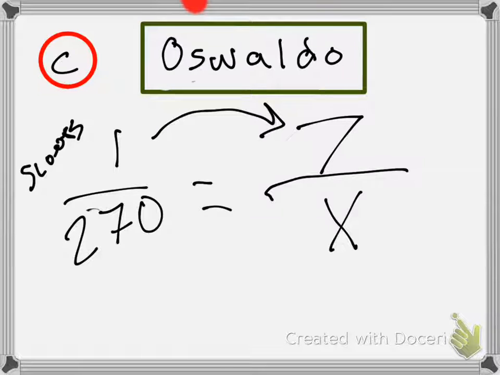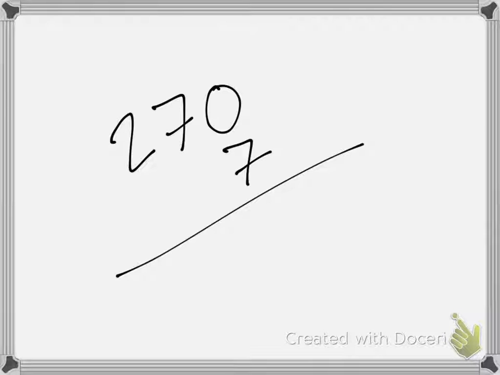How do we go from 1 to 7? Multiply by 7. So we're going to do the same to 270 times 7.